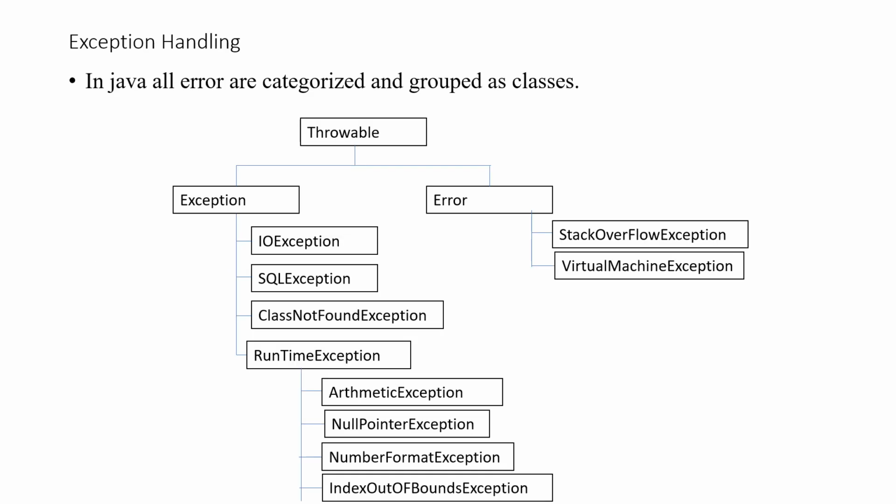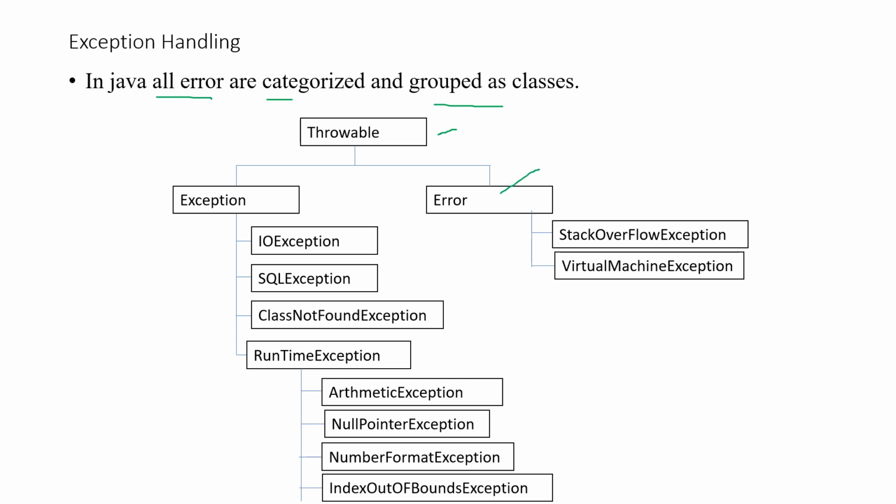In Java, all errors are categorized and grouped as classes. The superclass is Throwable. The immediate subclasses are Exception and Error. Exception is a runtime error. Error is a hardware error.